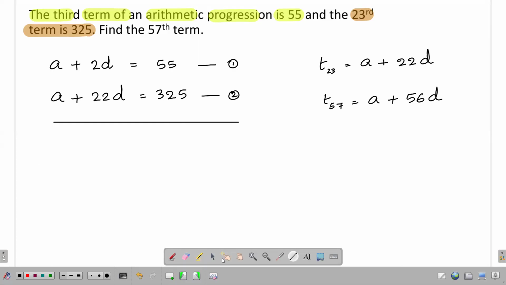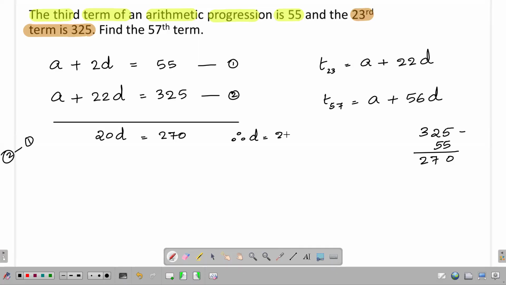If you perform equation 2 minus equation 1, you can see that 22d minus 2d, 20d, will be equal to 325 minus 55, which is 270. 20d is equal to 270, and from this d is equal to 270 upon 20, which is 27 by 2.